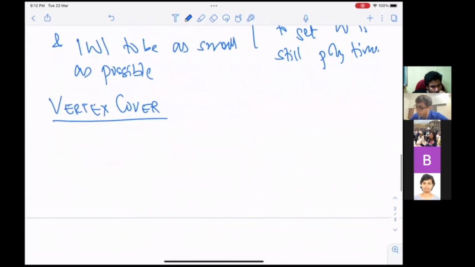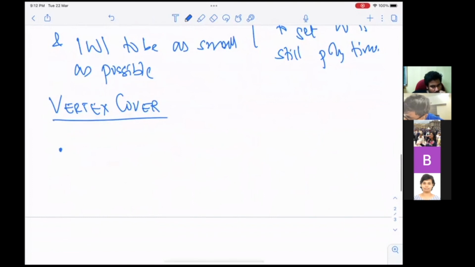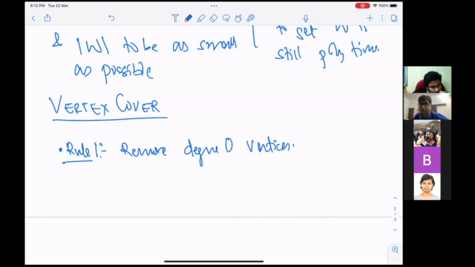And what did we say? We said, okay, let's apply the following reduction rules. Rule 1: remove degree 0 vertices. That was our first rule.